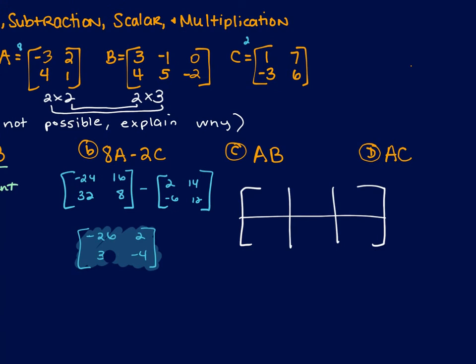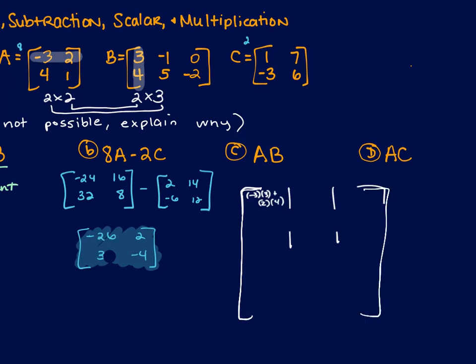So for the very first one, we do the first row and the first column, and I'd get negative 3 times 3 plus 2 times 4. I'll make that a little bit bigger. So I'd get negative 9 plus 8, which is negative 1.